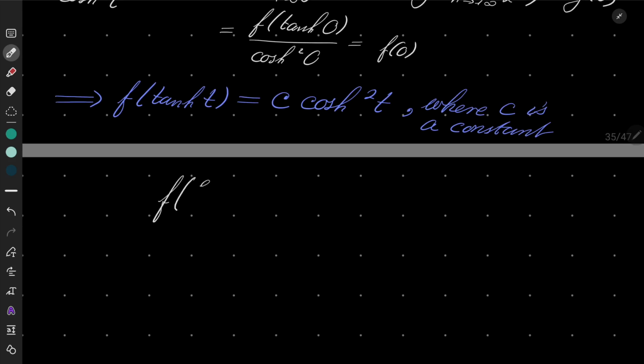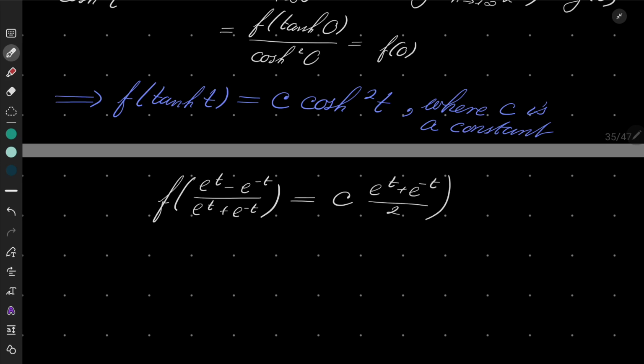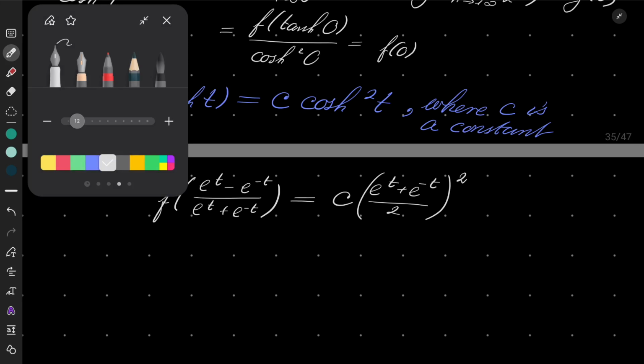Hyperbolic tangent is e to the power of t minus e to the power of minus t, over e to the power of t plus e to the power of minus t, equals c times hyperbolic cosine, which is e to the power of t plus e to the power of minus t over 2, squared. It's by definition.